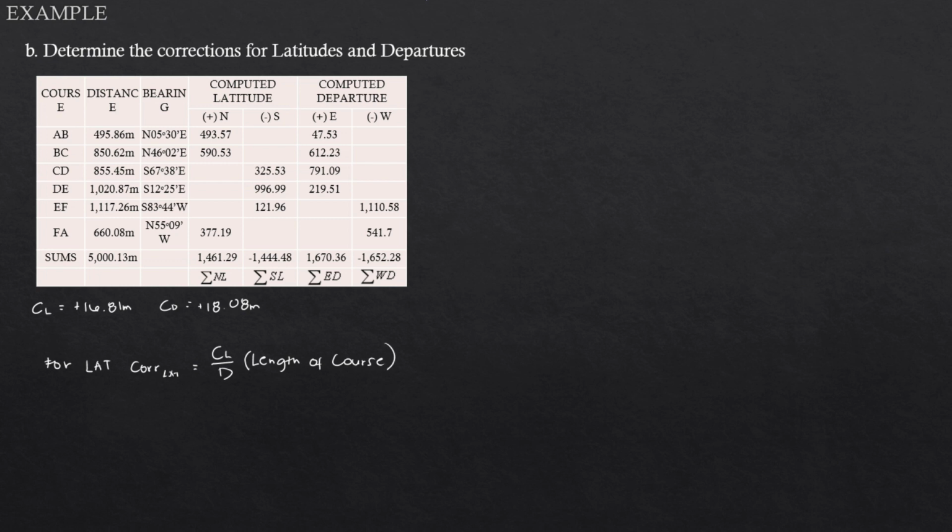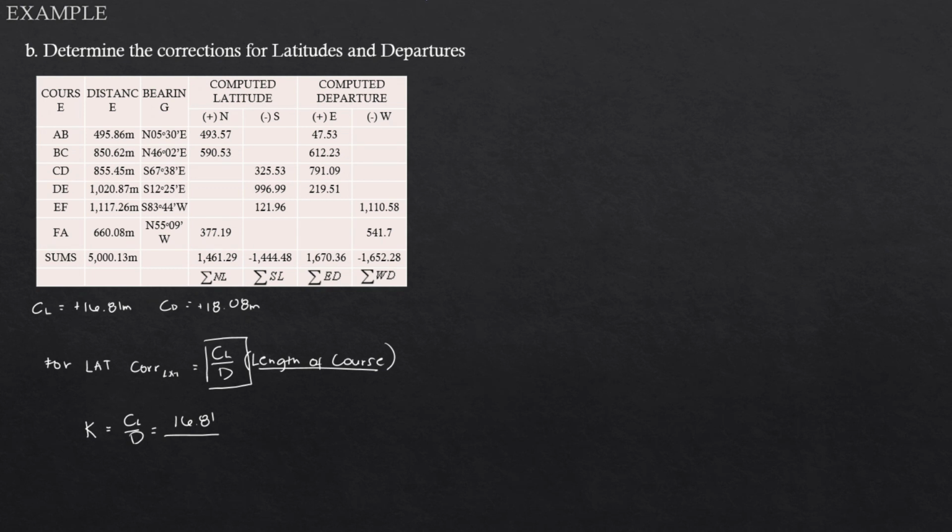Okay. So, kunin natin 'tong CL over D. Sabihin na lang natin na K. So, K is equal to CL over D. Para ito na lang yung i-multiply natin dito sa length of course mamaya. So, meron tayong CL na positive 16.81 over D na total summation yan.